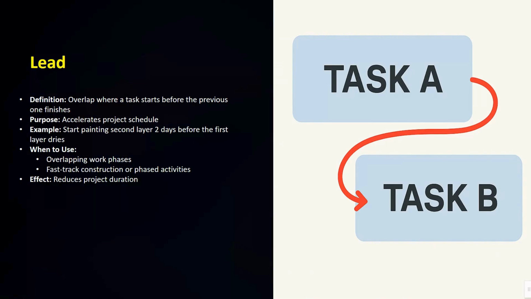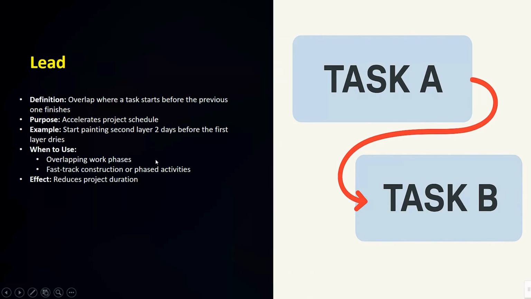In this case, the duration of the overall project will be automatically reduced. The purpose is to accelerate the project schedule. Example: start painting the second layer 2 days before the first layer dries. When to use: overlapping work phases, fast track construction, or phased activities. The effect is that it reduces the project duration.